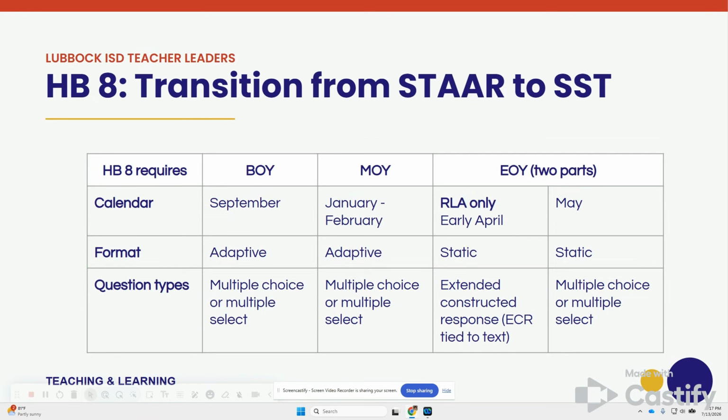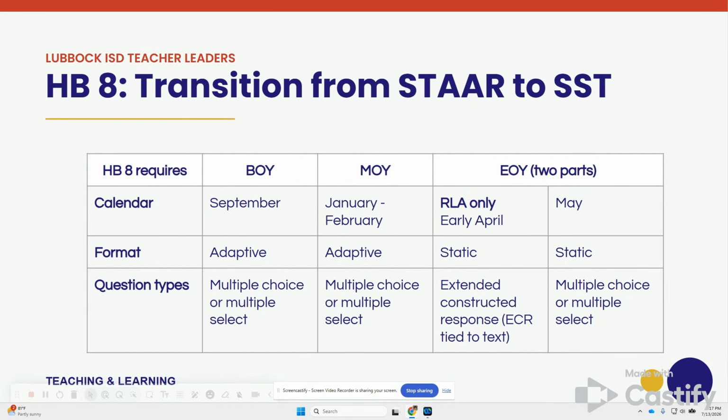It's to help us gauge their grade level. The question types will be either multiple choice or multiple select. That's because, remember, there's a quick turnaround window of only 2 days, so they have to be able to be graded very quickly. The middle of year will be given in January or February. It also will be adaptive, and it will also be multiple choice or multiple select.